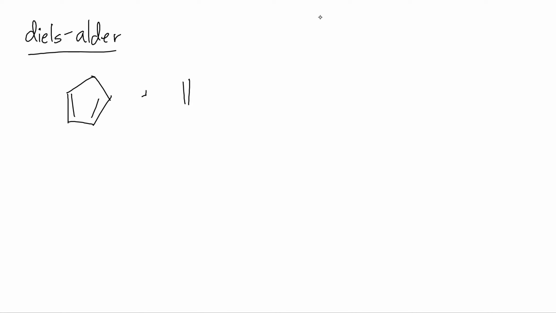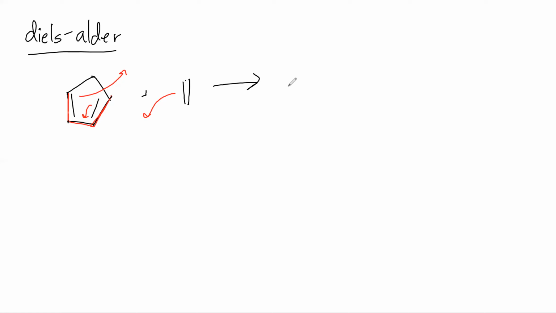So the same thing will happen. These two will make new bonds between these carbons. This double bond will move right here. So let's just go ahead and draw our new compound. So we know that we're going to make a 1, 2, 3, 4, 5, 6 carbon ring.